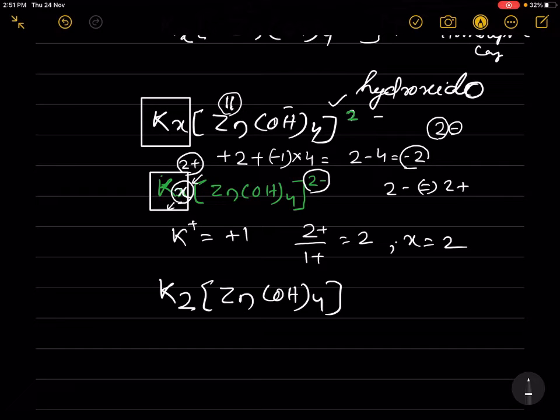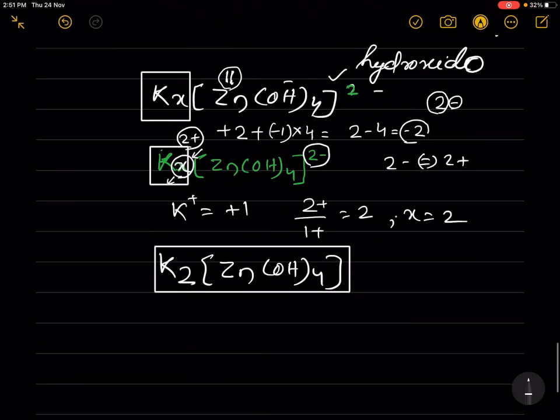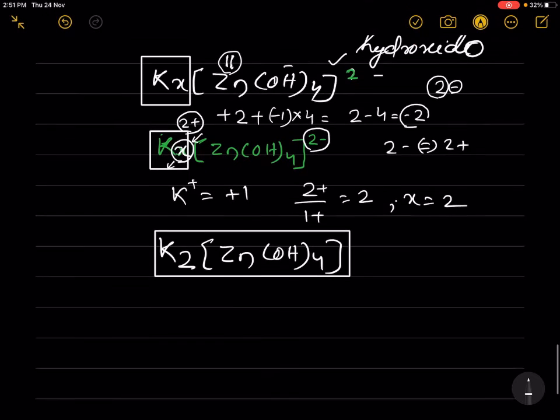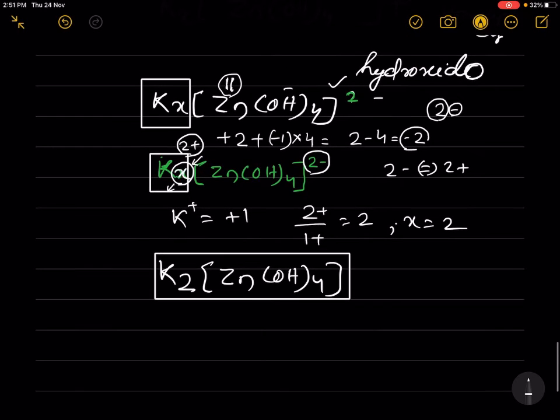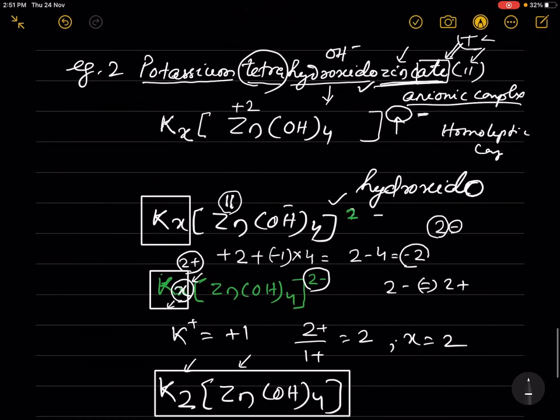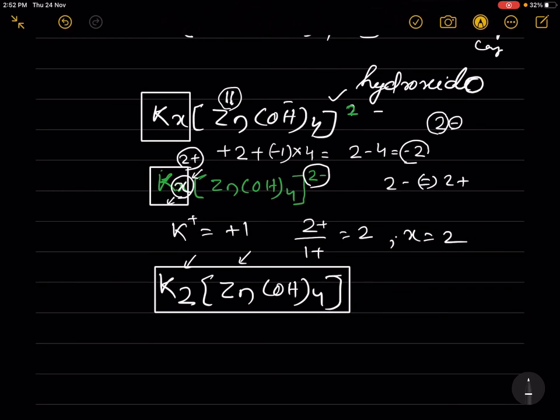You see, in writing the formula of a complex compound, we have to write the cations and anions. If it is an anionic complex, I can guess it from the name because 'ate' is over here, so the complex part is written on the right hand side.